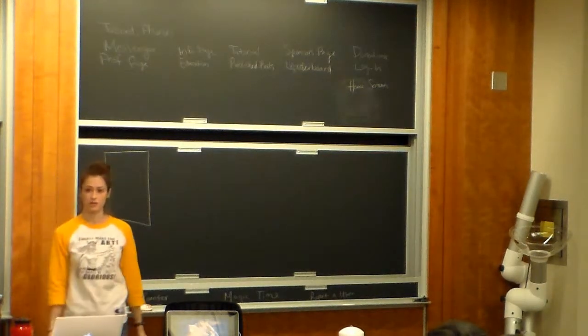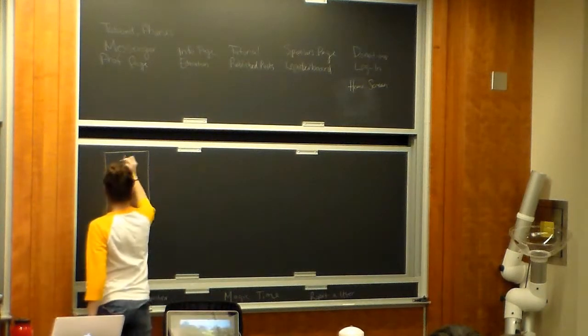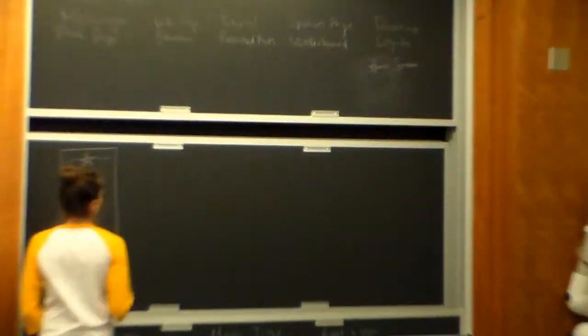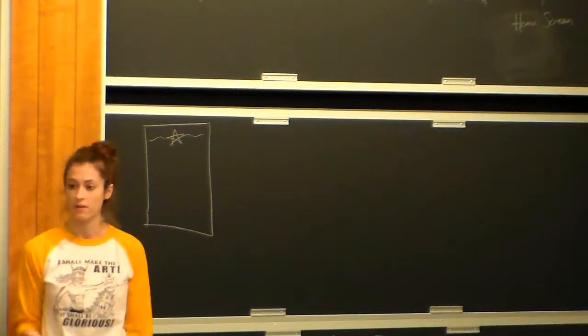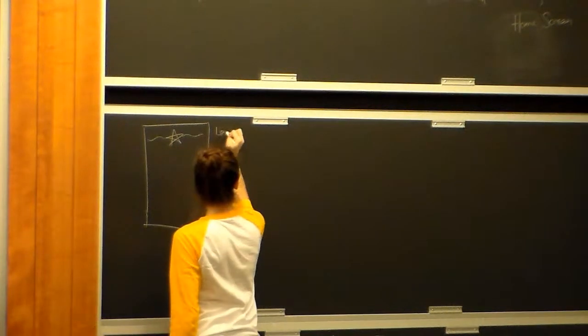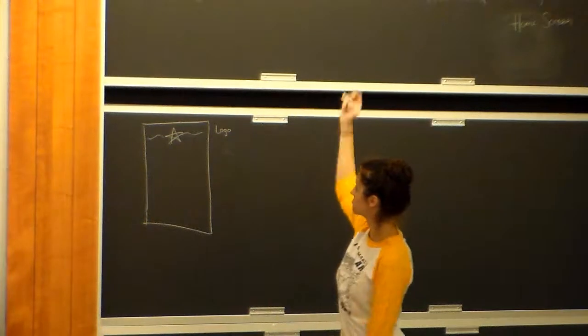Go. What do we need on the home screen? So this is what her logo looks like. It has words in it. I'm not going to write them. But there you go. Logo. What else? Okay. Buttons that lead to the other pages. Okay, so specifically, what buttons do we need? Messenger.